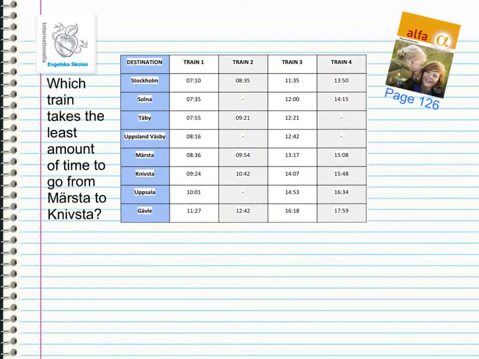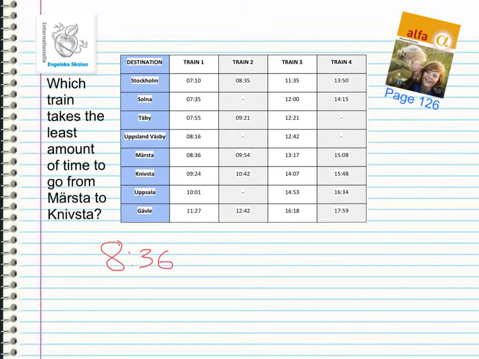So what we're going to do is look at each train and see how long it takes to get from the first station to the next. So let's start with train number 1. So the first train leaves Märsta at 8:36. And I like to always go to the nearest hour.